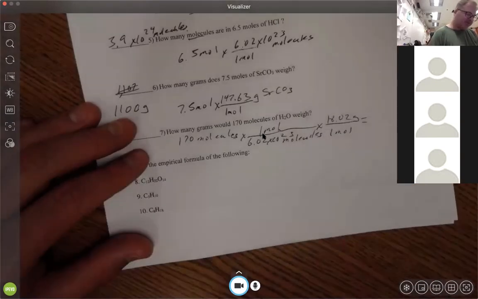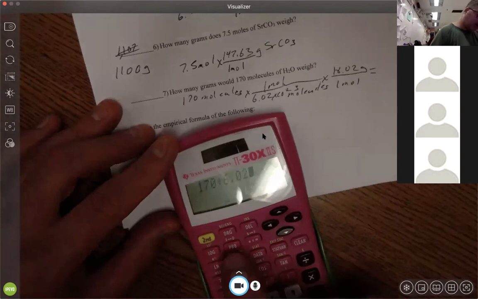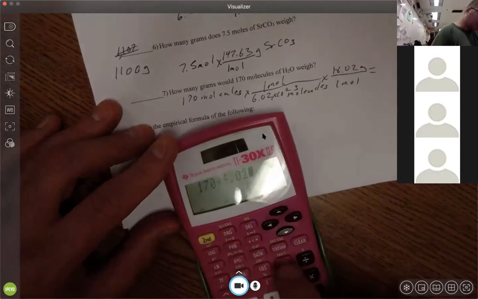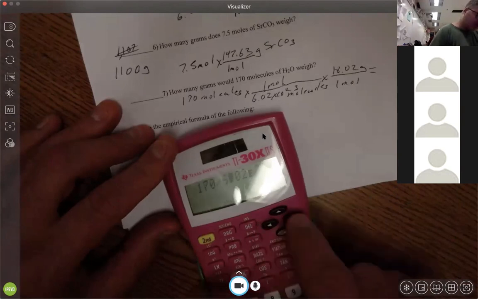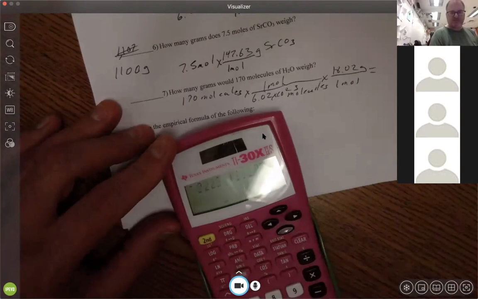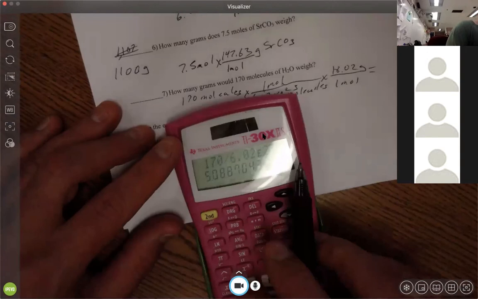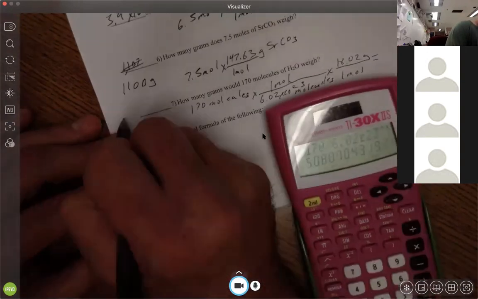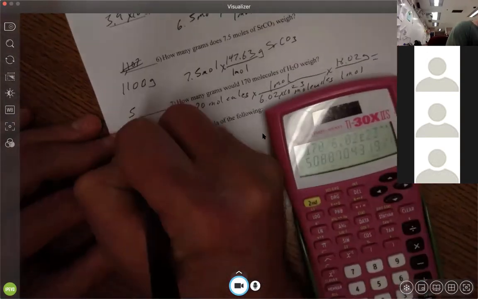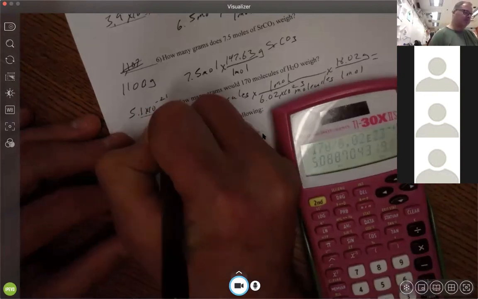So 170 times 18.02, actually, it's divided by 6.02 times 10 to the 23rd, since that's on the bottom. That's a very small mass, negative 21st, right? So it's two significant digits, 5.1 times 10 to the negative 21st grams. It's a very small fraction of a gram.